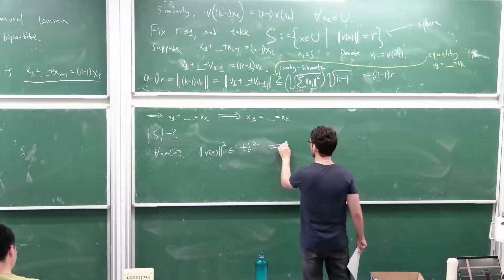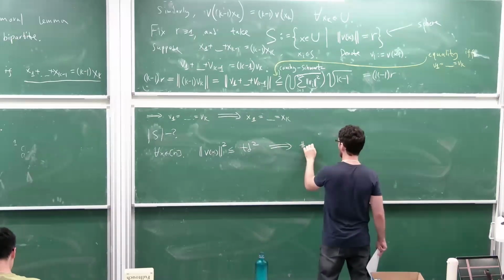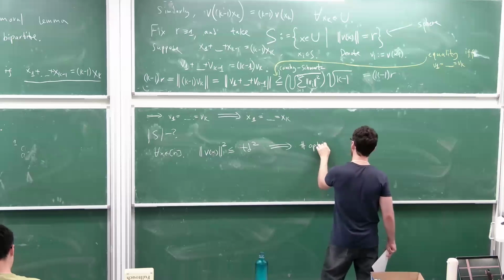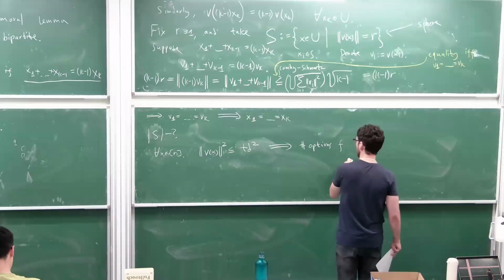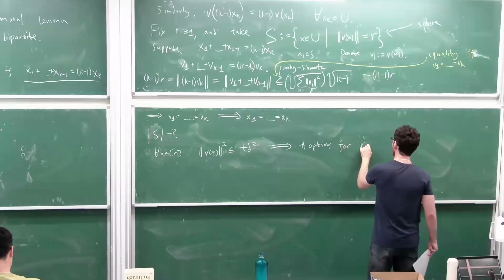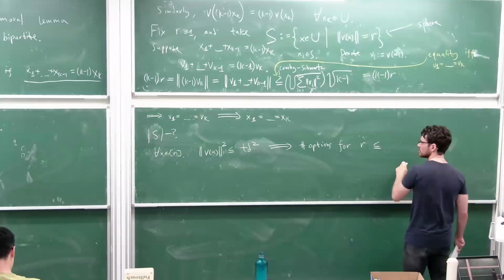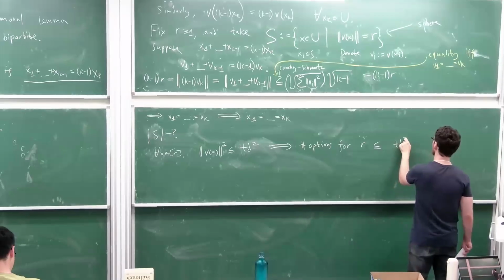So that means that the number of options for R is the smallest t squared.